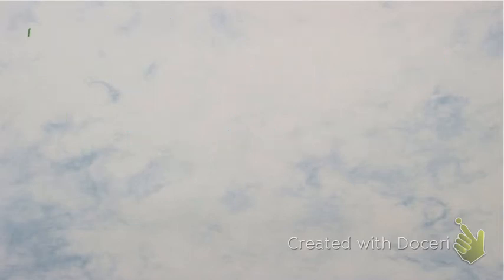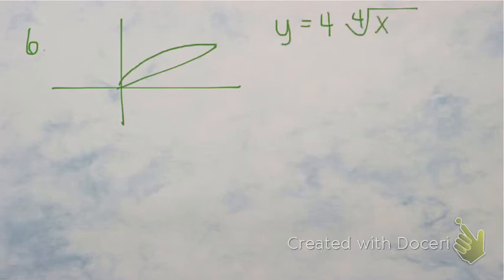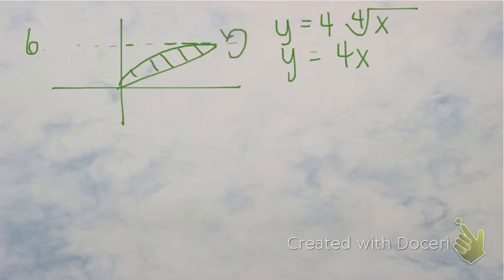Alright, let's look at another one. Okay, this is still the 4 times the 4th root of x and 4x. And we're still going to rotate around y equals 4.